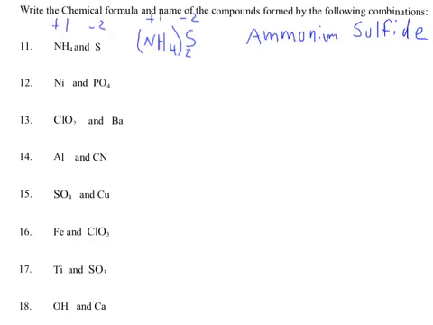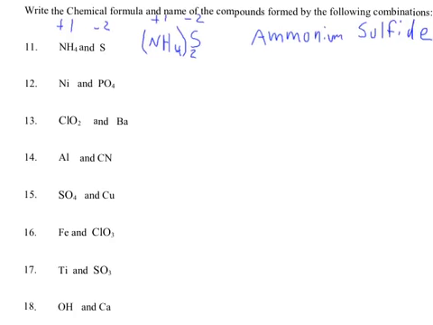Nickel is a +2 ion. Phosphate is a -3. So I put the positive ion first. It's a +2. And I put the phosphate second. It's a -3. And we simply swap numbers.